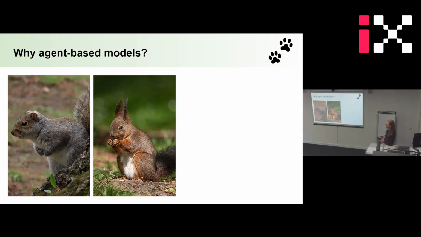You have two types of squirrels in Britain, the red squirrels and the grey squirrels, and the grey squirrels are much larger than the red squirrel, so it outcompetes the red squirrel. The grey squirrel, by the way, is an invasive species, and the result of this is that the red squirrel is going extinct. And so this is actually the kind of game we have been looking at so far, in the sense that we just have two strategies and we see which one wins, right?